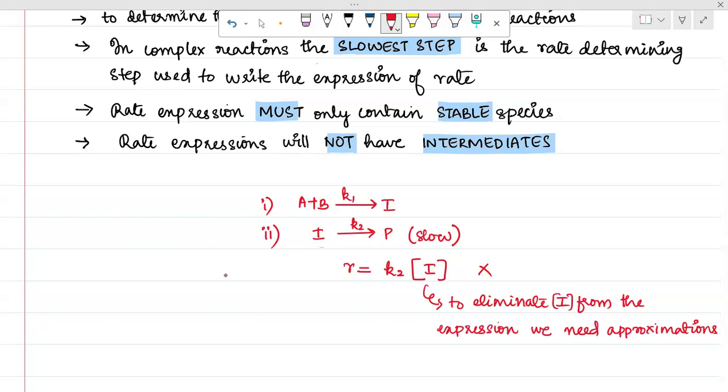There are two approximation methods. The first one is very easy. The second one will become easy with practice.